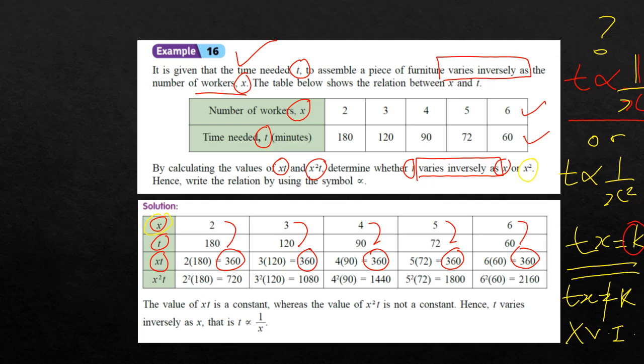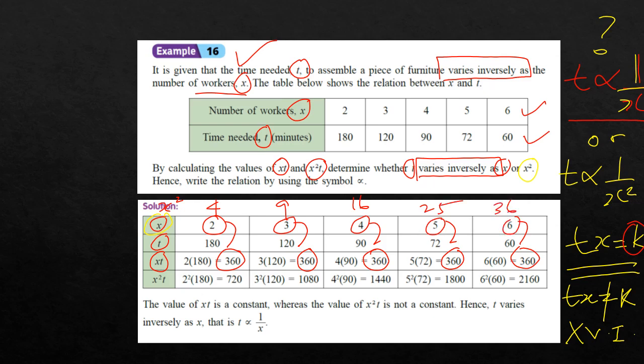And then your x squared. How to find your x squared? X squared, that means 2 will become 4, 3 will become 9, this one 16, 25, this one will become 36.